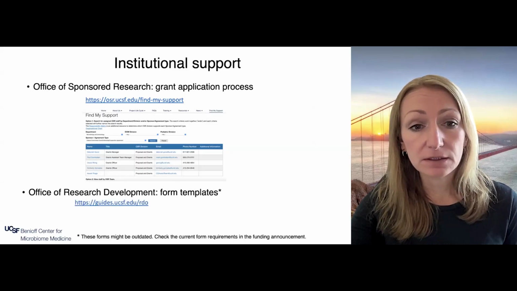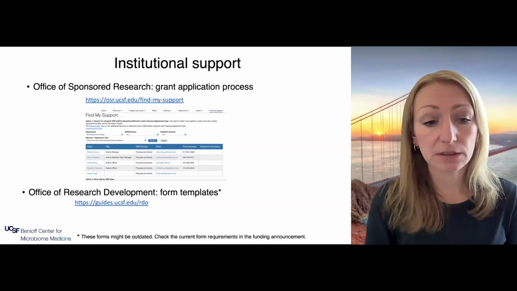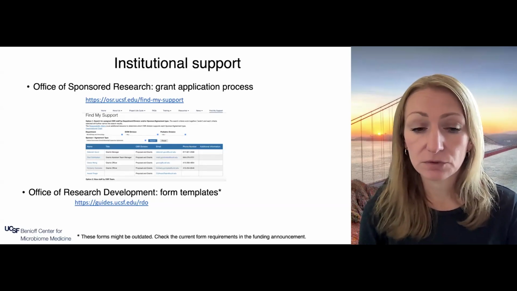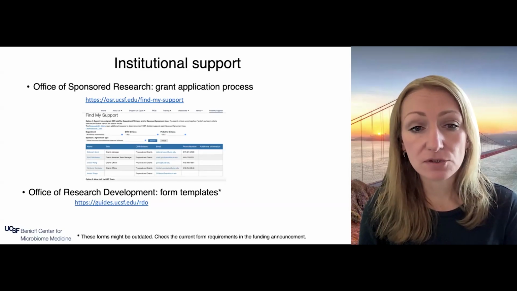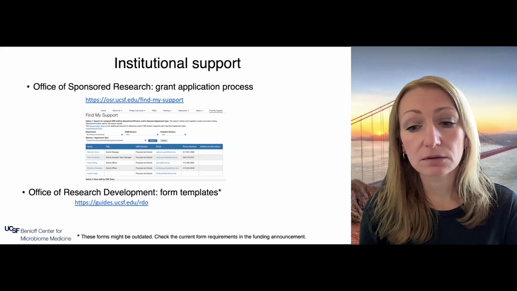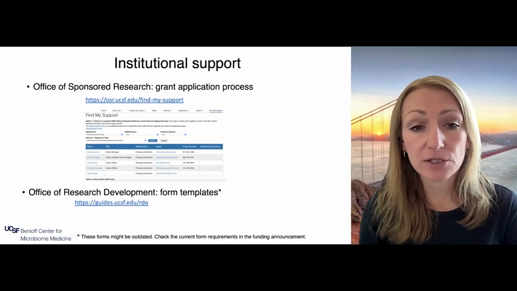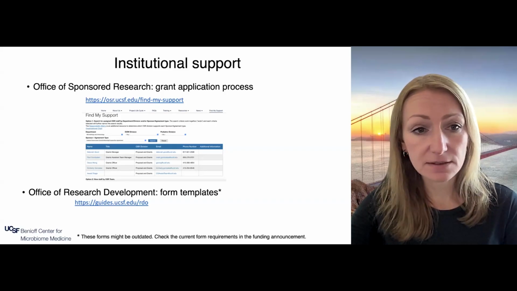And then there are a lot of forms and templates, some of which may be outdated, so you need to be careful with that, that can be found at the Office of Research Development. And again, as I said, your mentor and previous lab members that have received similar funding are a good source of information and additional forms, templates, and examples.